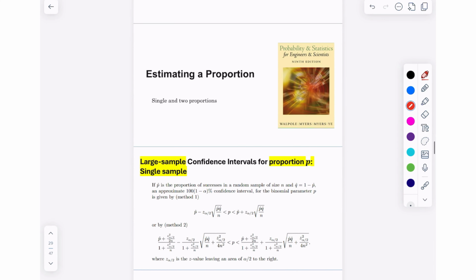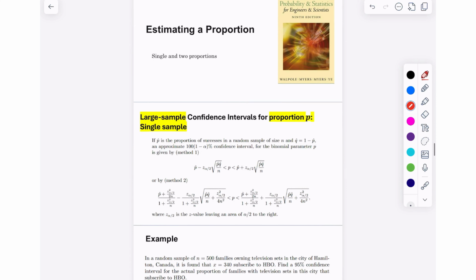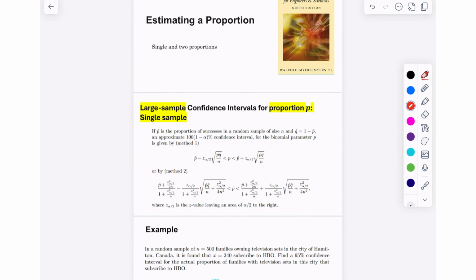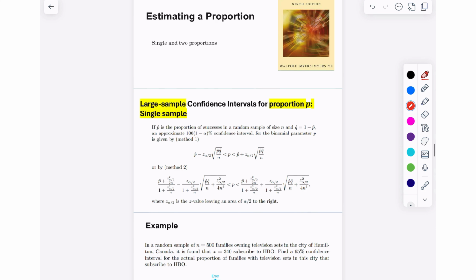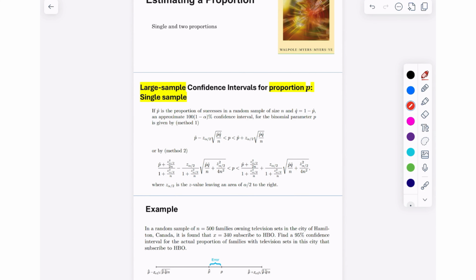Then we go to estimating the proportion for the case of single and two proportions. For this single and two proportion, we consider the case of large samples. We want to estimate P, the proportion. The point estimator is P hat, and since we consider large samples, we use the Z distribution.